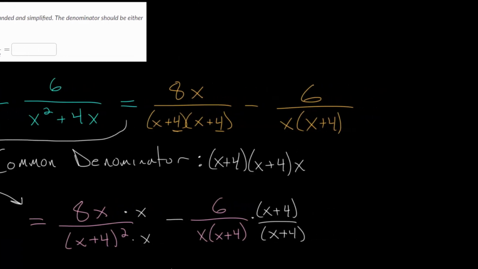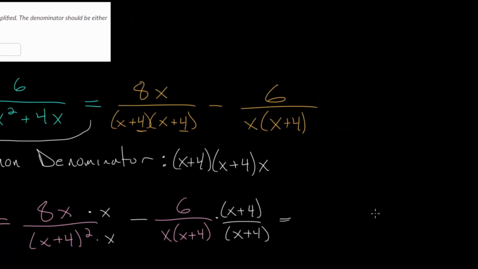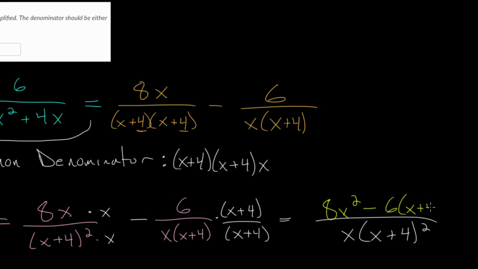And so we can simplify. We can combine it into one fraction. And in the denominator, you have x times x plus 4 squared. In the numerator, we can simplify this. 8x times x is just 8x squared. And in this numerator, well, let me just rewrite it as minus 6 times x plus 4, just to be careful, since we're subtracting this entire thing here.